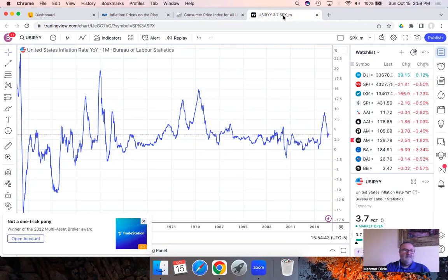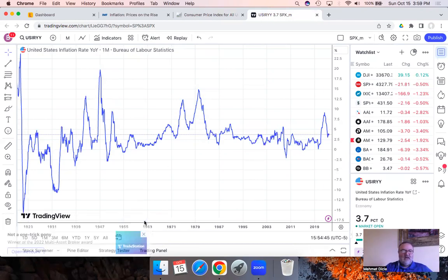year on year, notice how we actually have significant variation in the inflation rate. Up in the 1940s, we had as high as 20%, and in the 1920s, we had it as high as 25%.